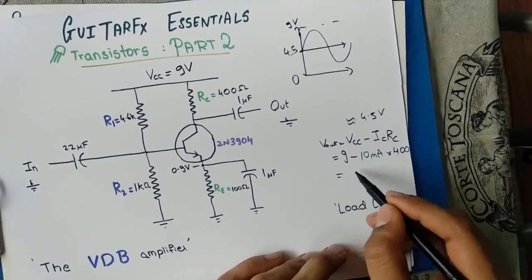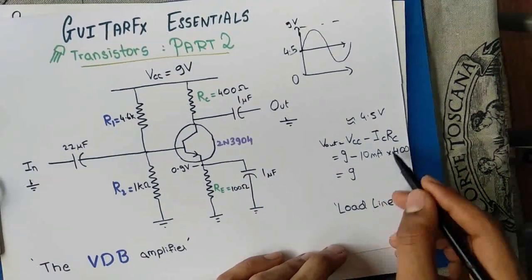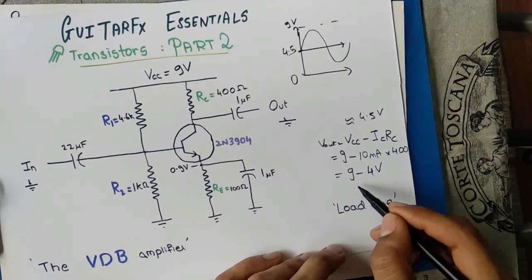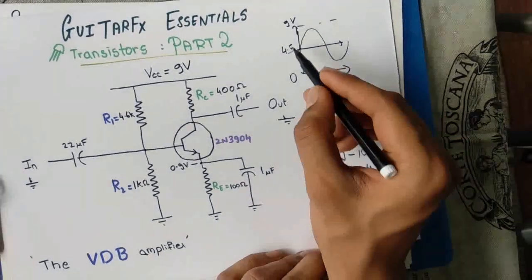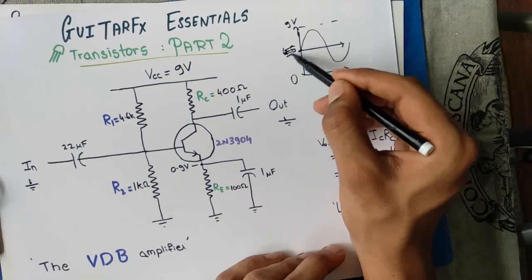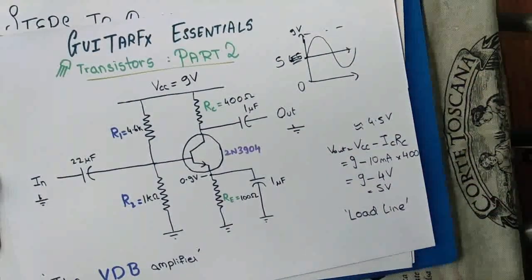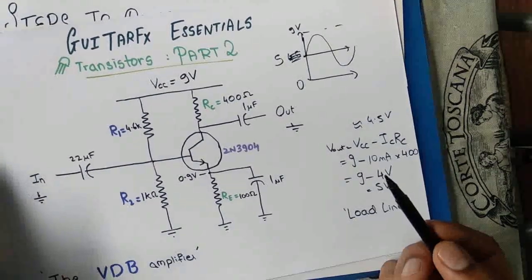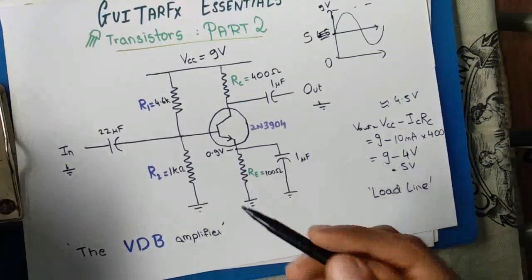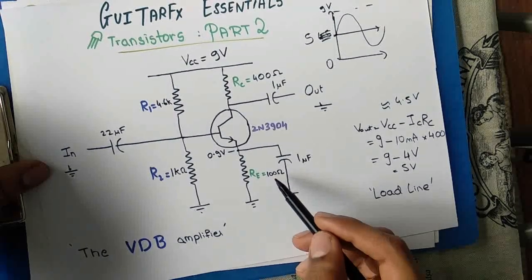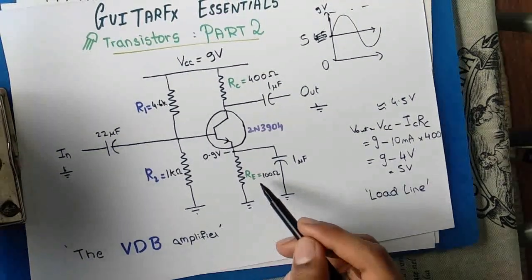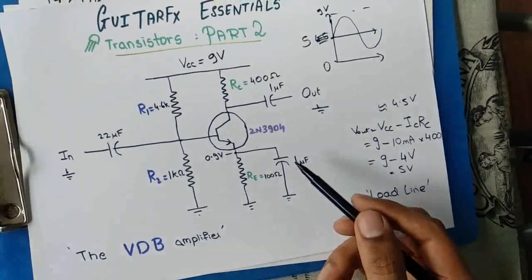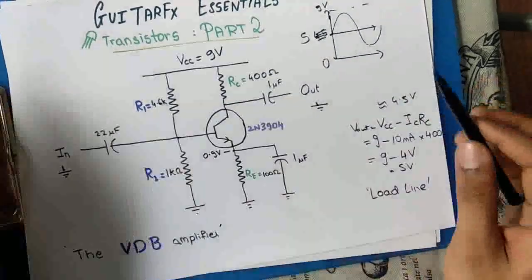When you multiply this, we get 9 minus 4 volts, and it's 5 volts. So in our case, this turns out to be 5 volts, which is okay. It's quite close to 4.5, and this is because we initially made the approximation of 90 to 100 for RE, and then this carried on to this calculation, which made a difference of 0.5 volts. But it's fine.